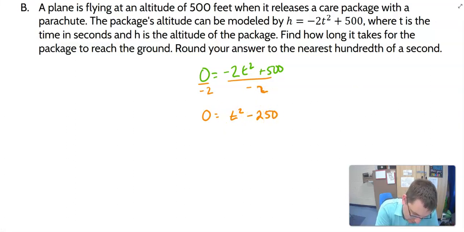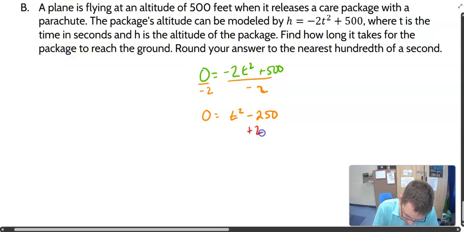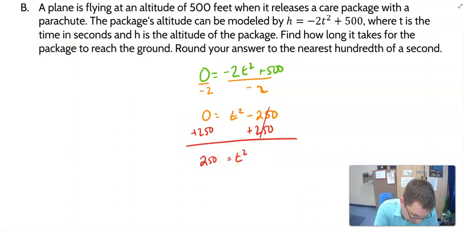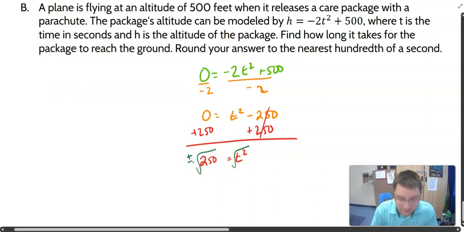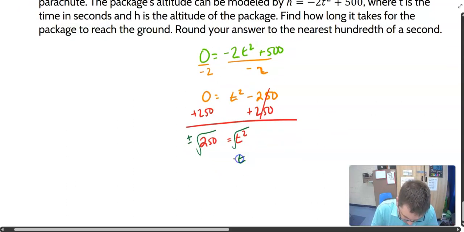And so we can add the 250 across. So plus 250 and plus 250. So we get that t squared is equal to 250. We can then take the square root of both sides. Square root, don't forget your plus or minus. And so t is equal to positive or negative square root of 250.